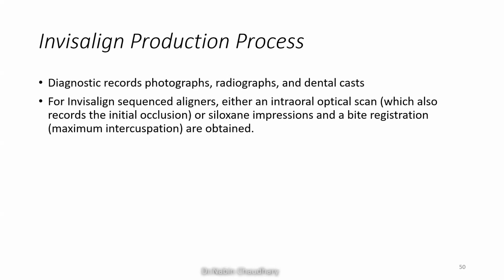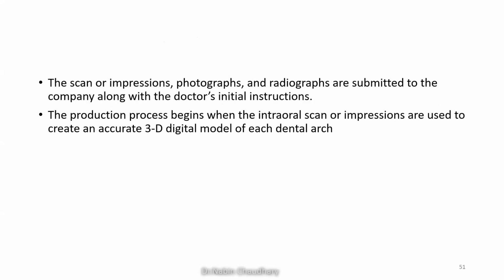One important feature for the production of Invisalign is that it requires an intraoral optical scan with the initial occlusion, or we can also take an impression with silicone impression material, and a maximum bite registration can be taken. It can be sent to the company, and the scan or impression, photographs, and radiographs are submitted to the company along with the doctor's initial prescription, and the production process begins with the intraoral scan.